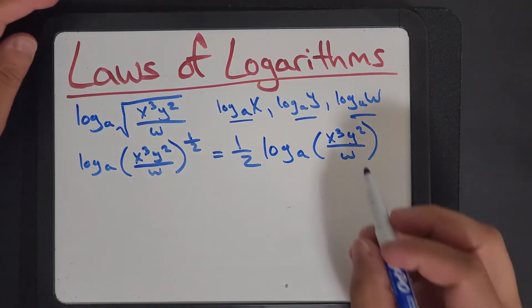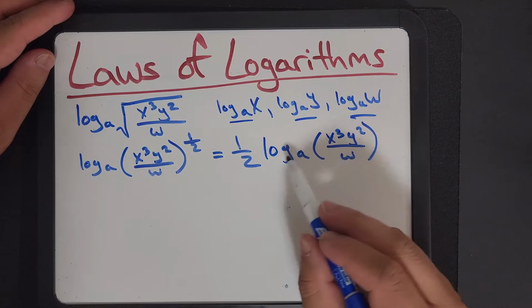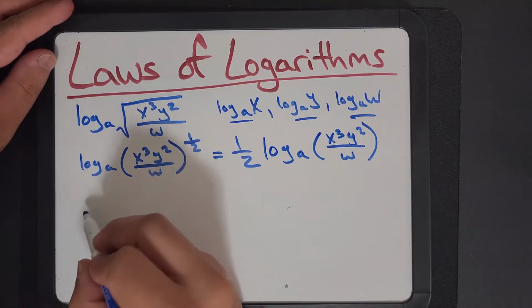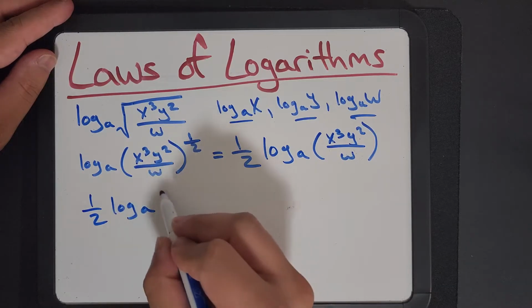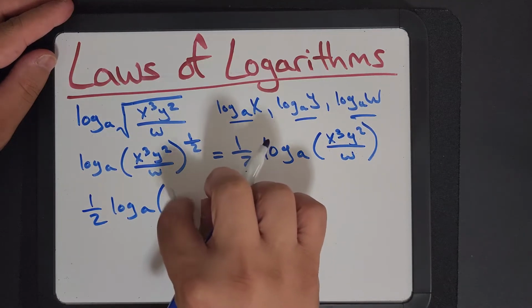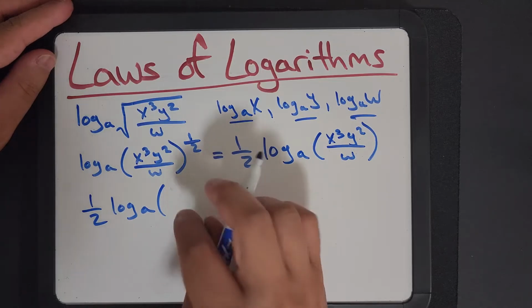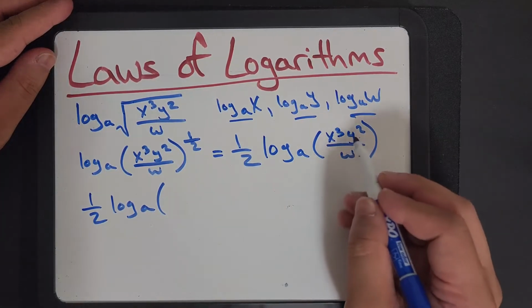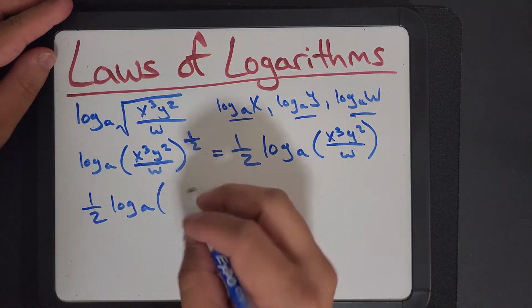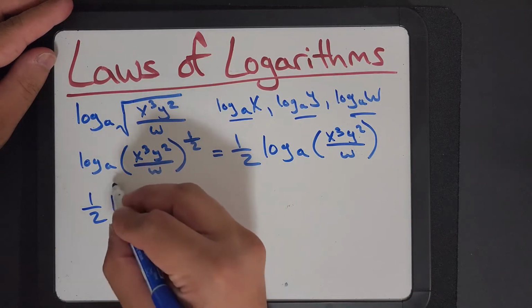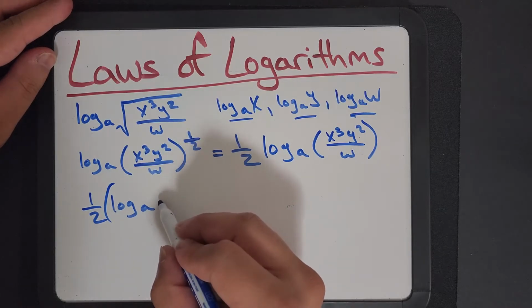And also, now we can use our quotient rule to now split that. If you remember our quotient rule, if you have a division, you can convert this into a subtraction.